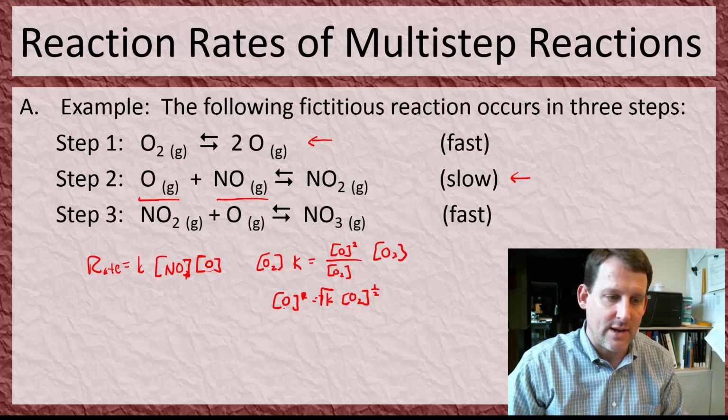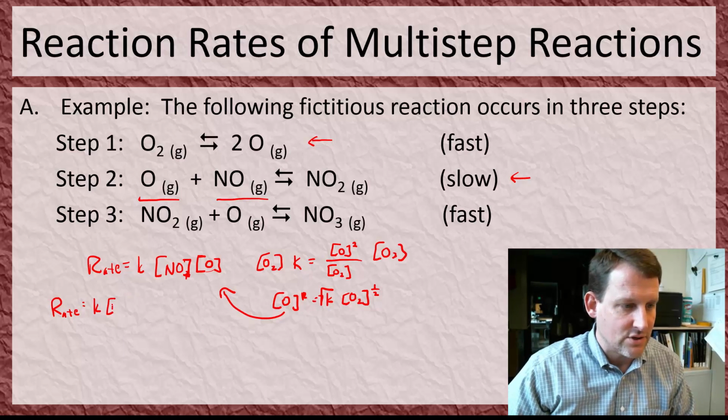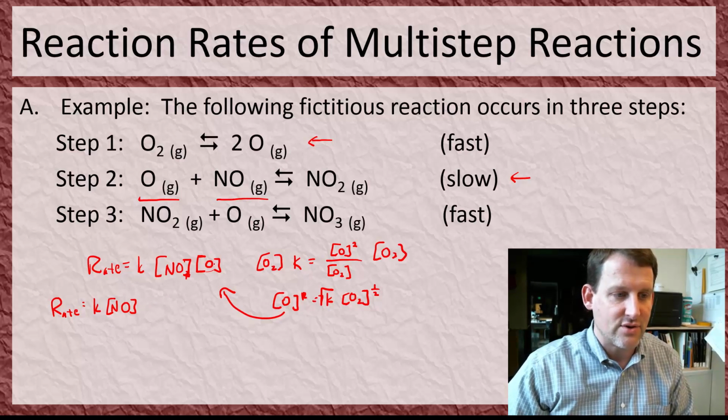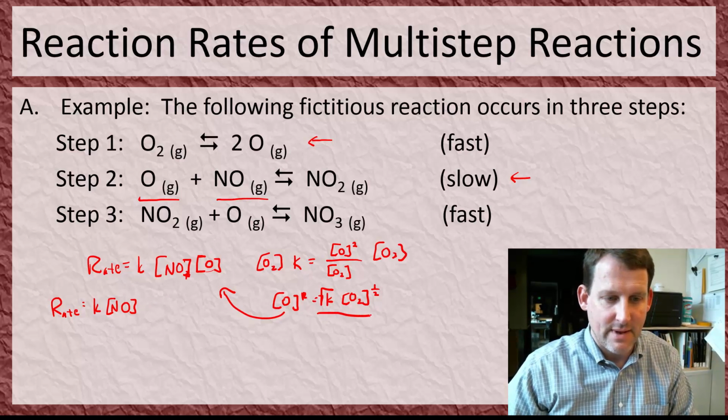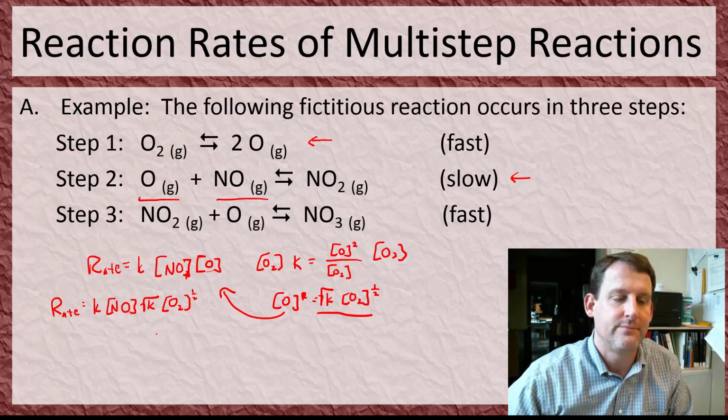So now what I do is I take this and I plug it in right there to get rid of that in my rate law. So my rate law is equal to some constant K times the concentration of NO. And instead of putting a concentration of O, I'm going to put all of this mess in. So the square root of K times the concentration of O2 to the 1/2 power.